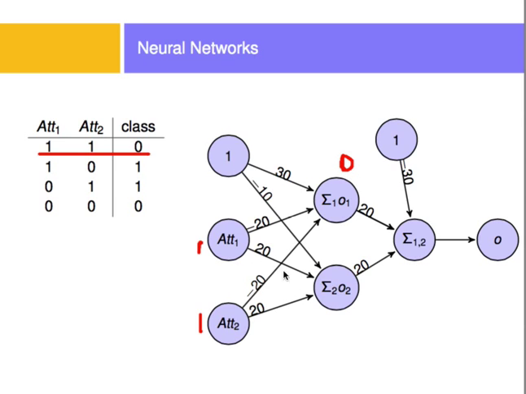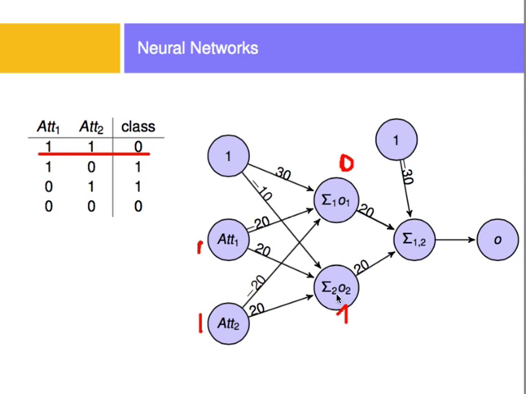Now for this node, 1 times 20, see the weight here is 20, is 20, 1 times negative 10 is negative 10, plus the 20, that's positive 10, and then 1 times another 20 is positive 30. Now that's greater than 0, so the output of this node is 1.